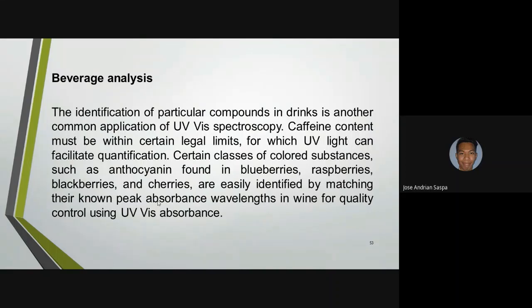For example, companies selling soft drinks, milk powder, coffee powder, powder juice, and liquors still use UV spectroscopy to measure the absorbance, and to measure the concentration of the elements they mix into their beverages.